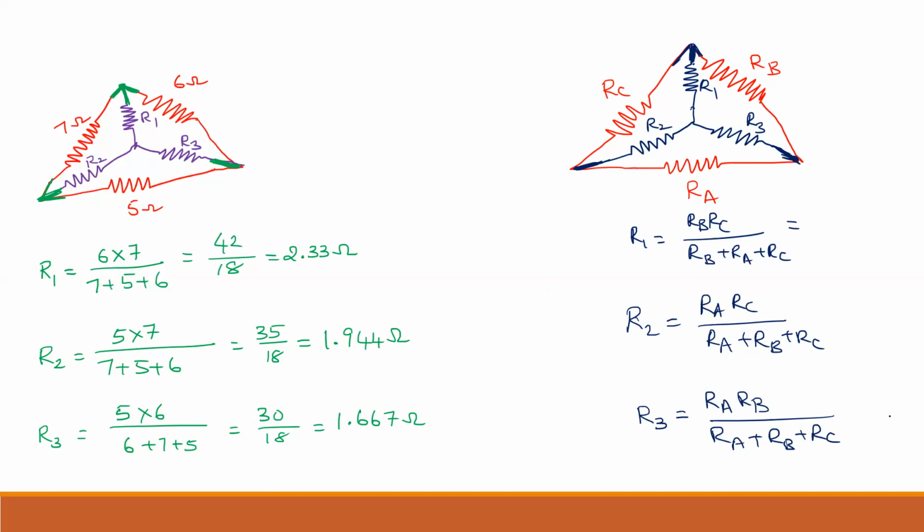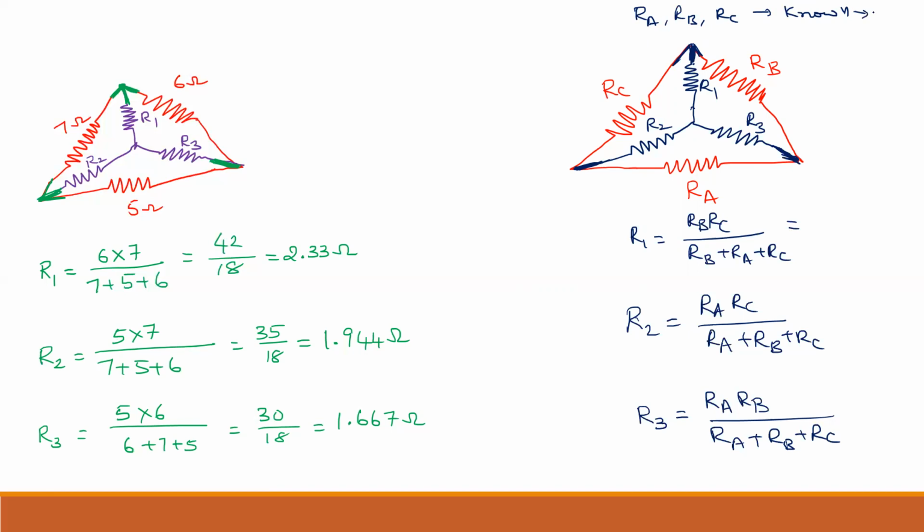So this is how we can convert delta configuration to star configuration. Here RA, RB, RC are known values, meaning the values are already given.